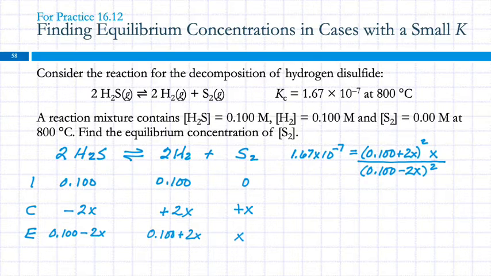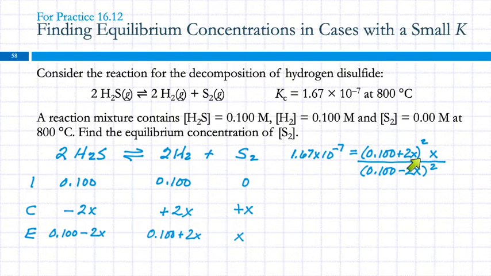Are you about to cancel some things out? Yeah, we're going to cancel some things out. If we use the X's small approximation, it does not mean that we get rid of all the X's. We're removing X's that are added or subtracted with another number. So here I have 0.1 plus 2x.